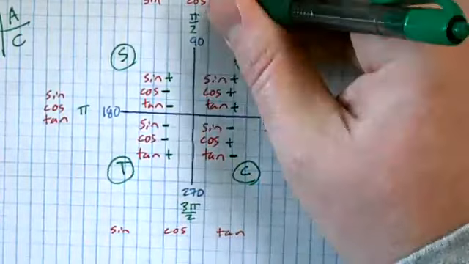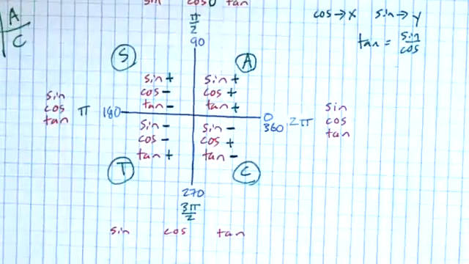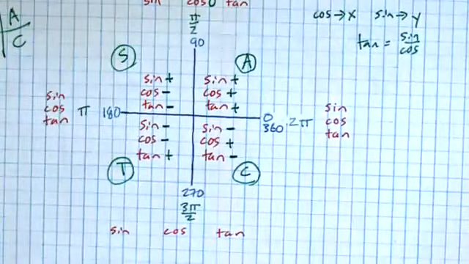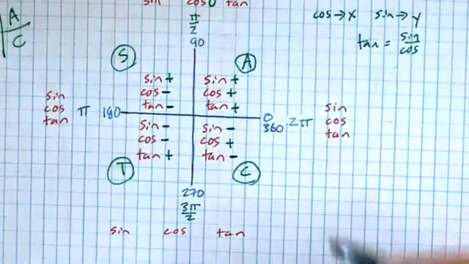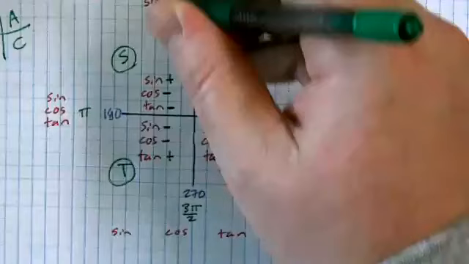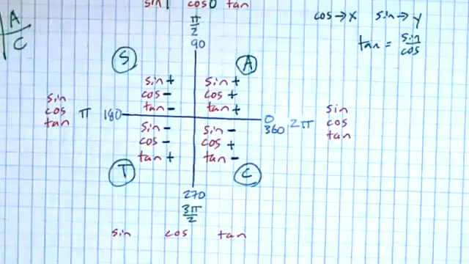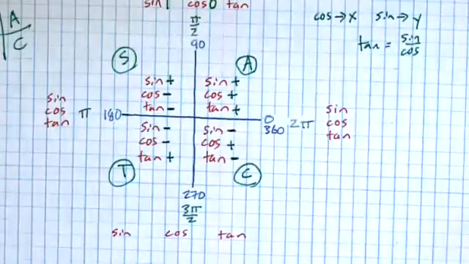So that means the cosine would be 0 at 90 degrees. And the y coordinate, if we're on the unit circle, remember the radius is 1, the y coordinate would be 1. So sine would be positive 1, cosine would be 0. And when we go to do tangent, we're going to do sine over cosine. We're going to do 1 divided by 0, which is undefined.